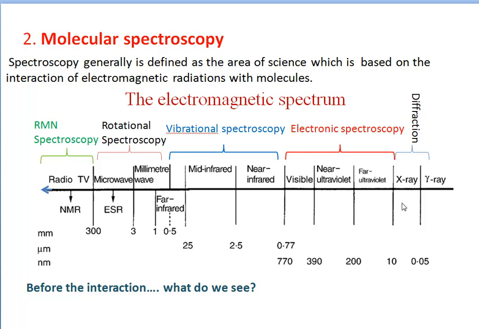For example, for the X-ray region, we can define the diffraction technique. For the UV-visible region, we can define the electronic spectroscopy, which is the UV-visible spectroscopy. In the infrared region, we can define the vibrational spectroscopy.